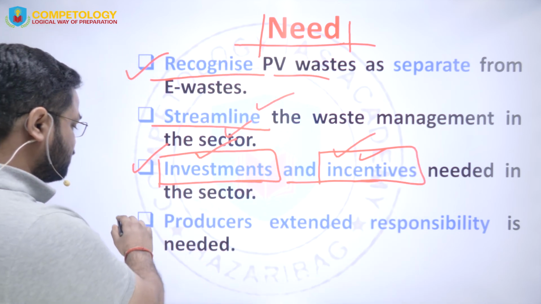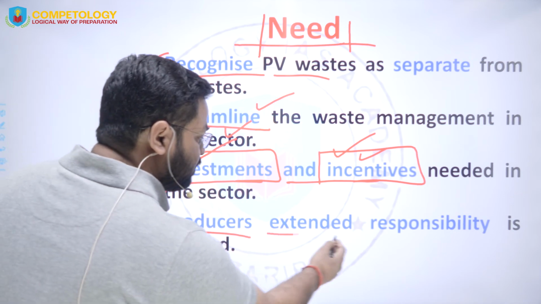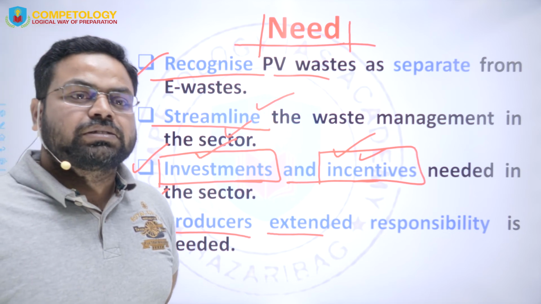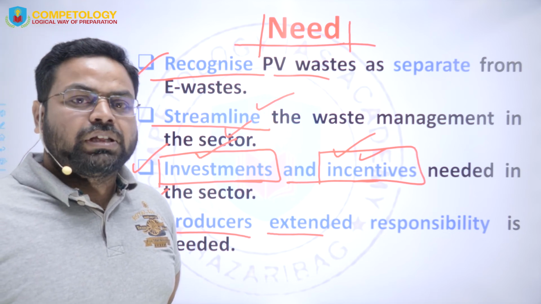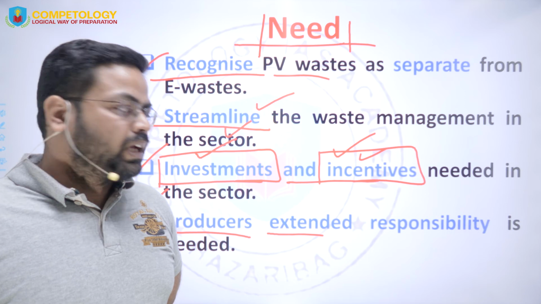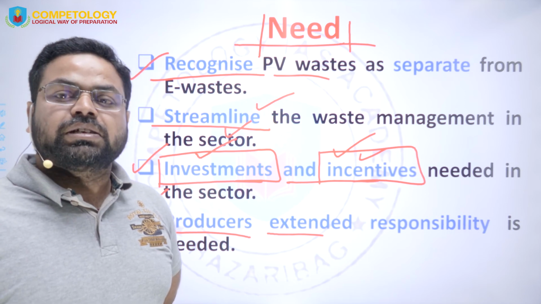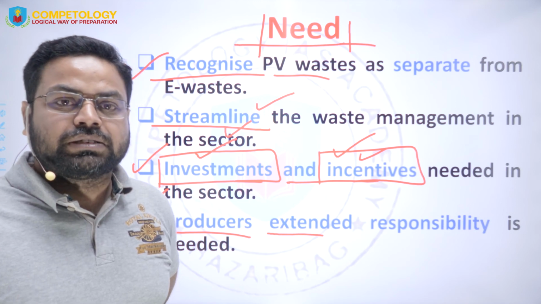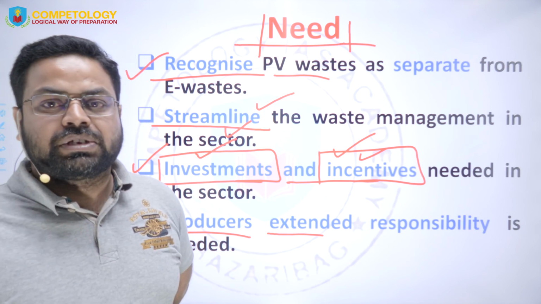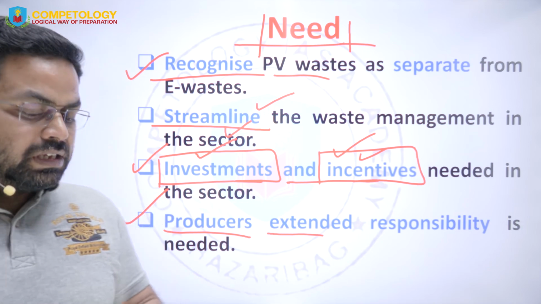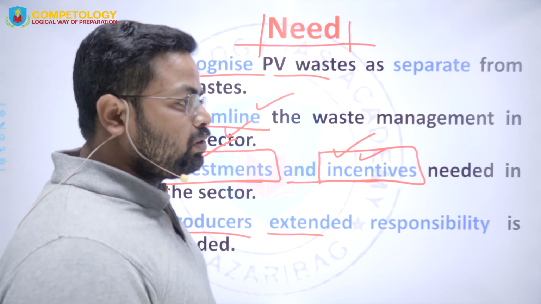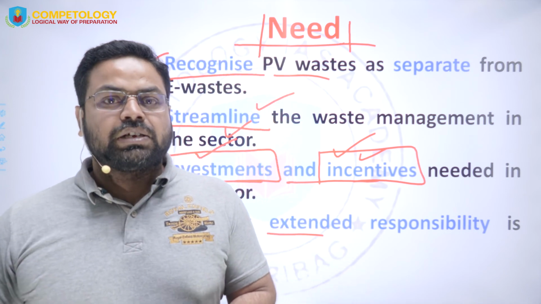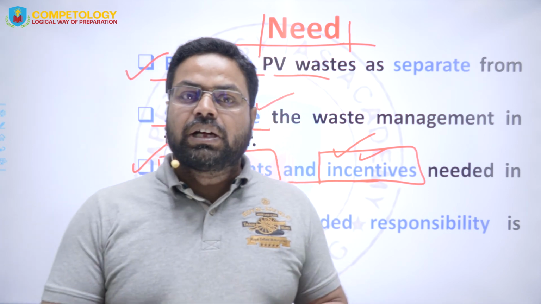And next is extended producers' responsibility, like it has been done in the plastic products and some other electronic goods also. Here the government is extending the responsibility of collecting the waste and managing the waste to the producers themselves, and the same thing should be done with the PV waste management system also, because these are the sectors who are well acquainted with the PV waste.